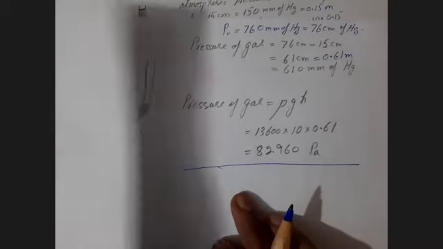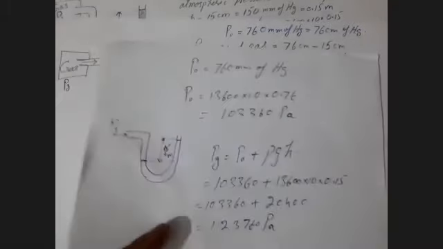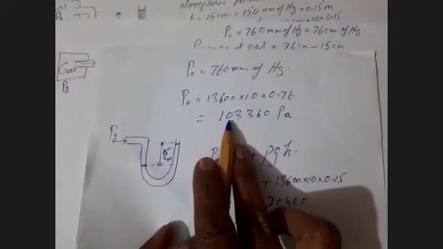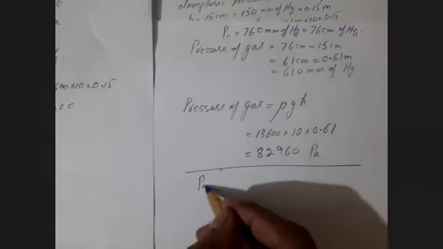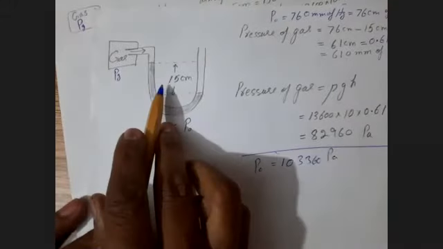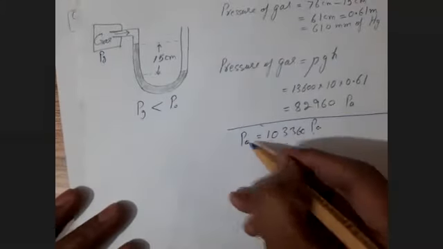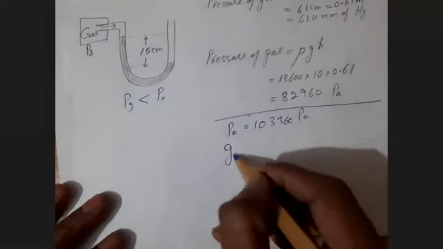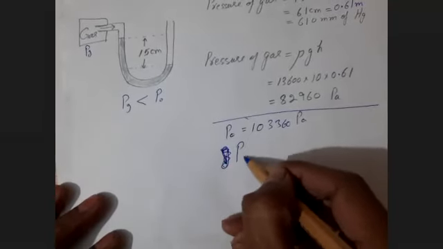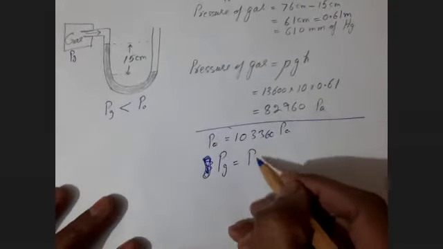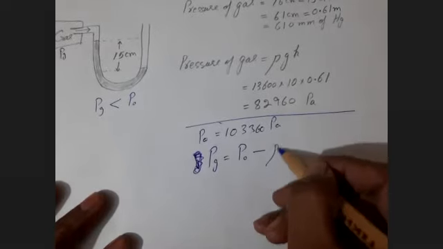In this case, as you know, the atmospheric pressure P naught I calculated is 103360 Pascal. And if this unknown pressure is less than the atmospheric pressure, then what are you going to do? Pg is equal to P naught minus rho gh.